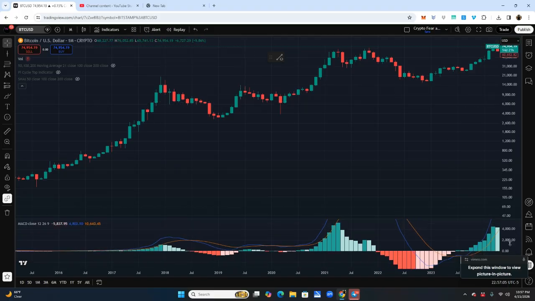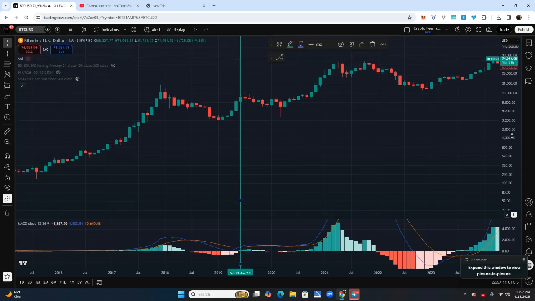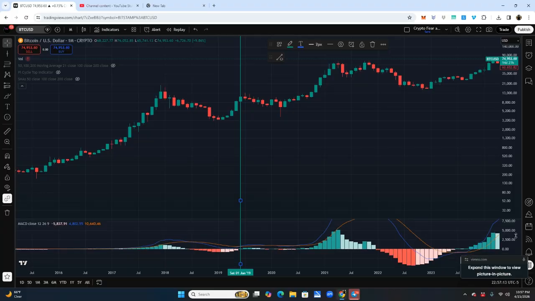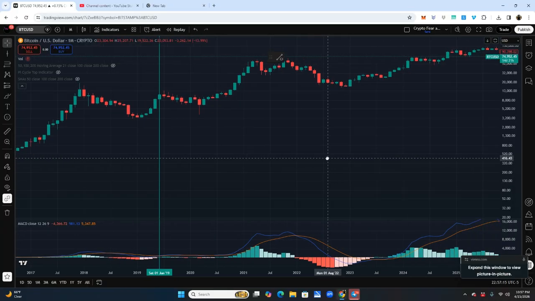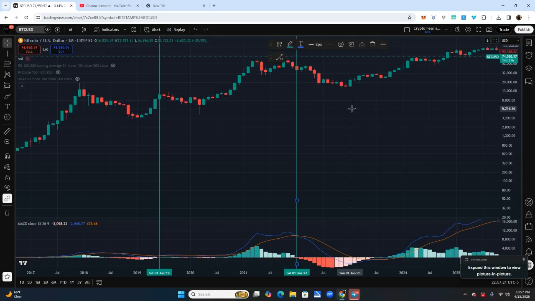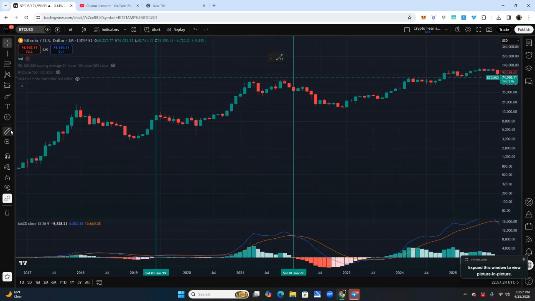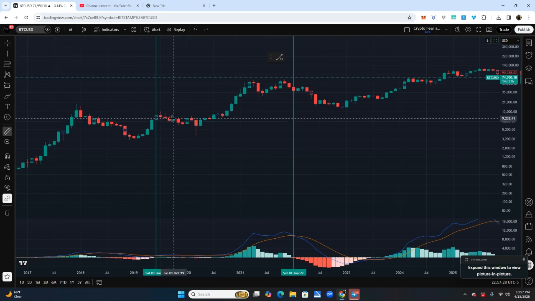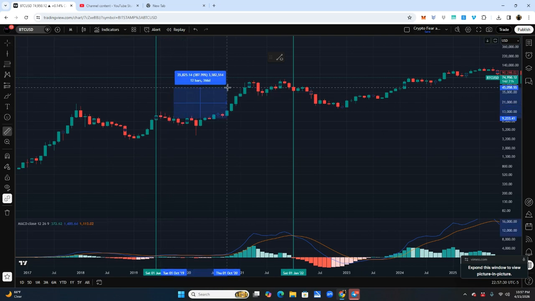But if you just bought at this cross on a monthly, let's put a line there at $10,000, and you would have sold at this cross over here, you would have made somewhere around 400%. It's not too bad, right?